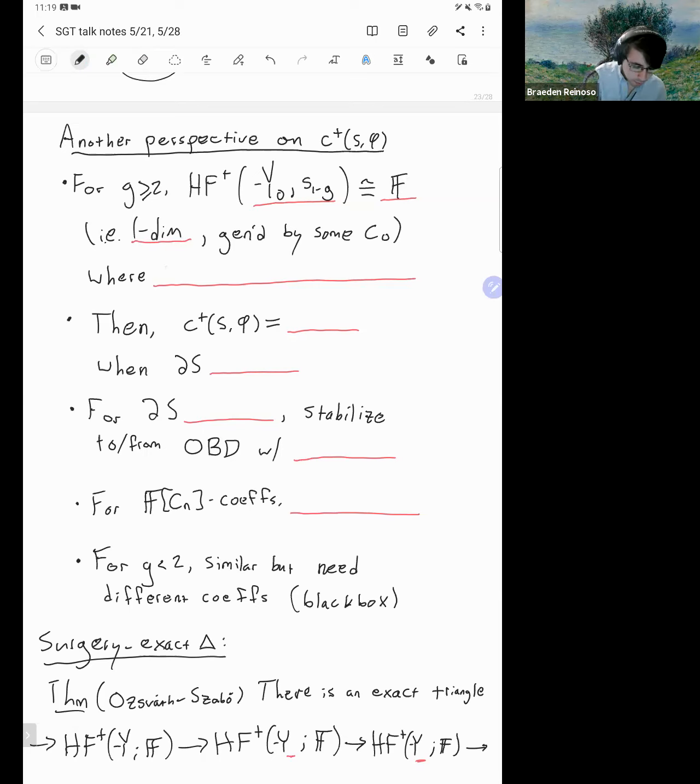And this Y naught, what is it? Well, this is just your manifold that you get from capping off a connected binding. So it's some surface bundle over S1.